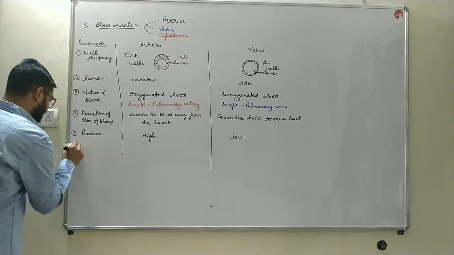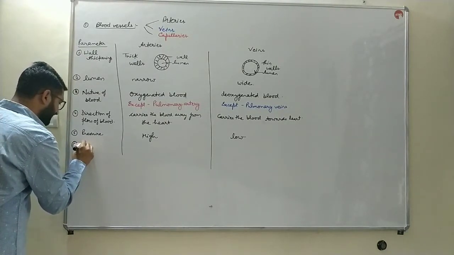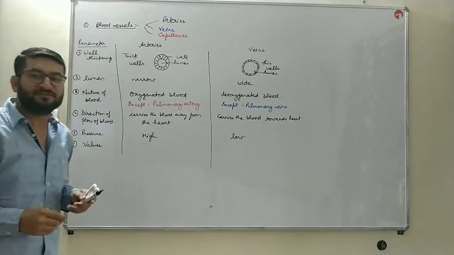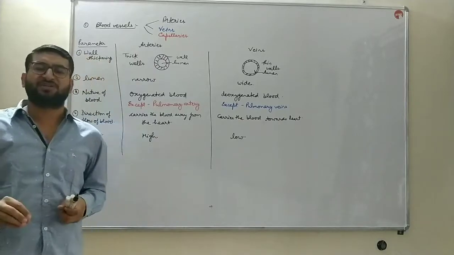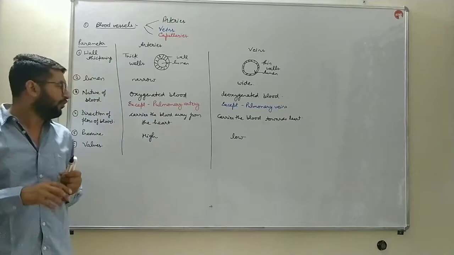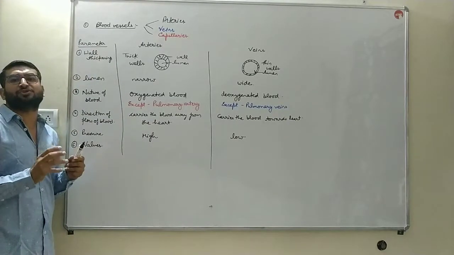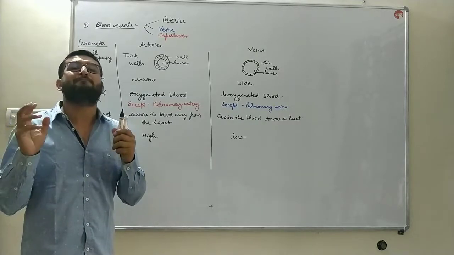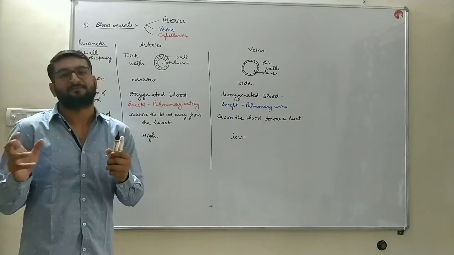Next, and a very important difference, valves. What are valves? Valves are the structures which prevent the backflow of blood. Valves are a structure, children, which stops the backflow of blood and does not let it happen.